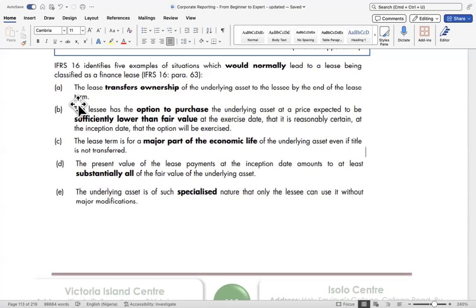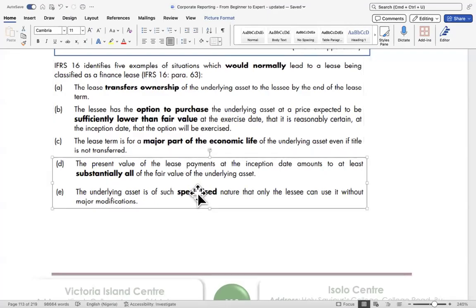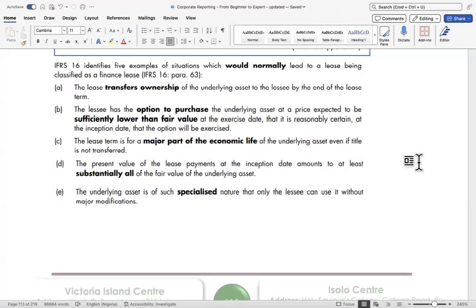They could ask you. And you would see when you pick each of those key points one by one: transfer of ownership, option to purchase, lease term is a major part of the life, lease payment is almost equal to fair value, the asset is specialized. You would note that all these show that the lessor has sold the asset.